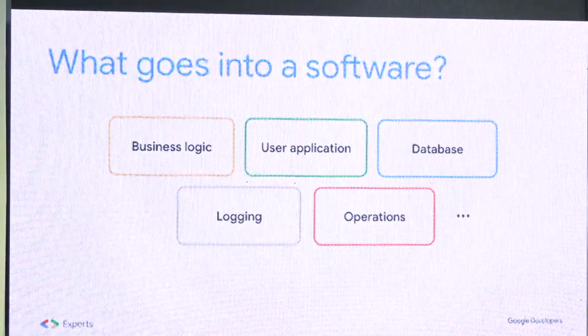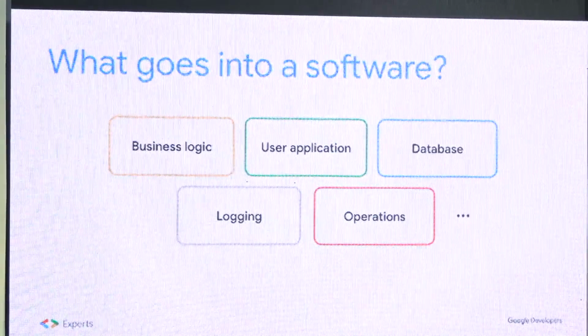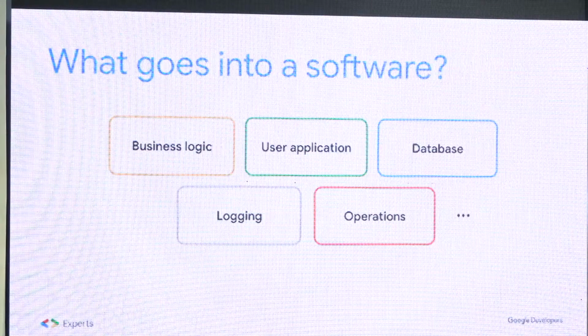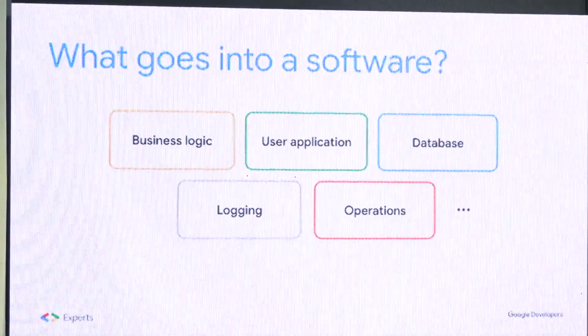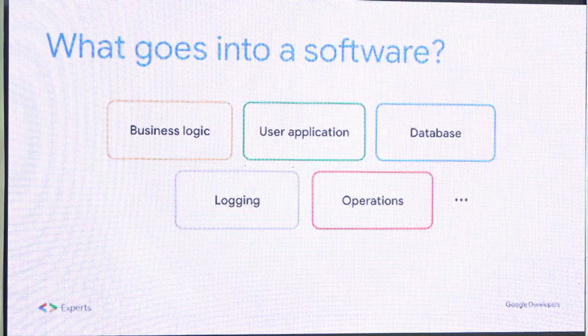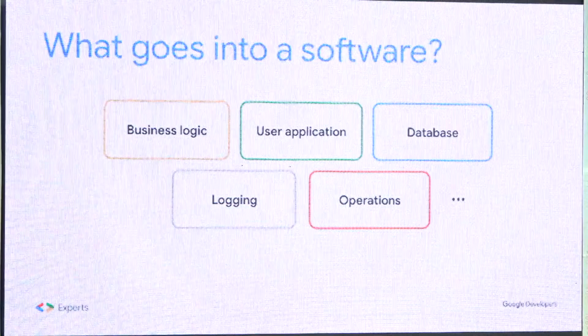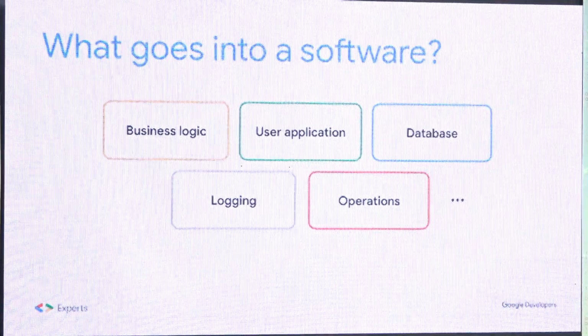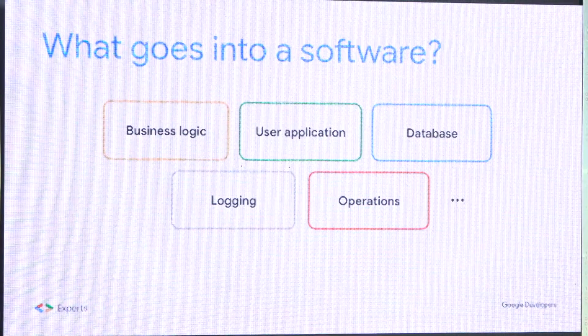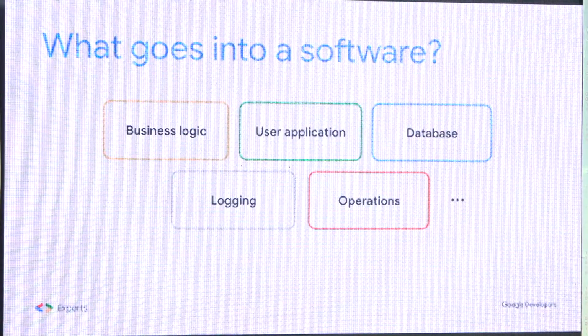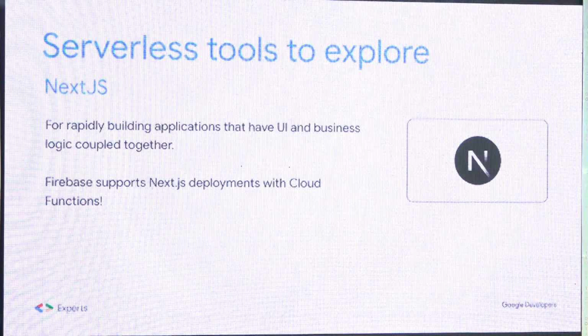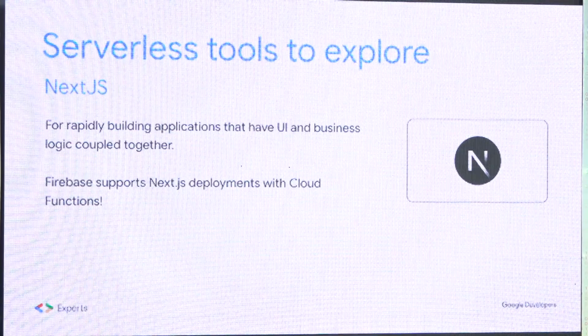Say, for example, the databases. GCP does not offer a serverless relational database, right? While you have a database available in the form of a document database on Firebase, you do not have a relational database. So in case you wanted to use MySQL or Postgres, you will have to look for alternate tools, right? And in those, I'm going to talk first about Next.js.